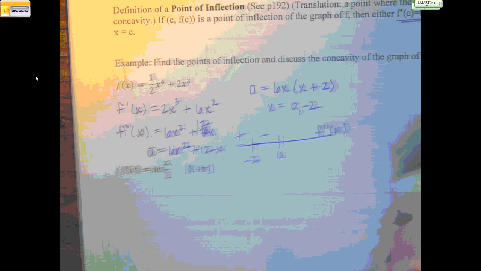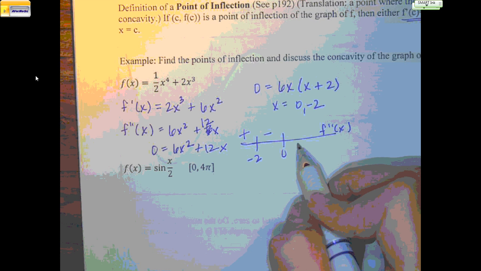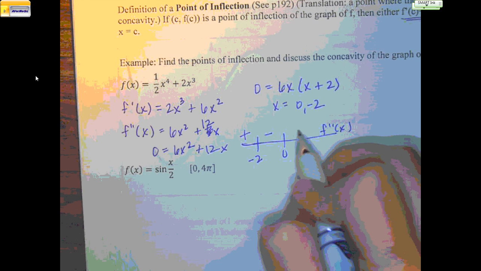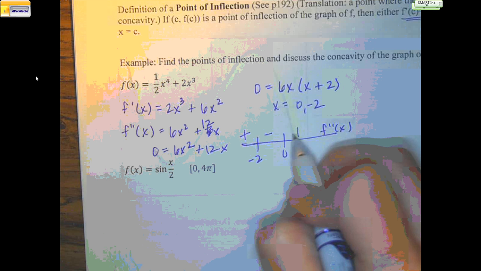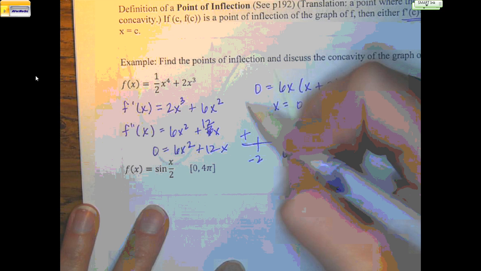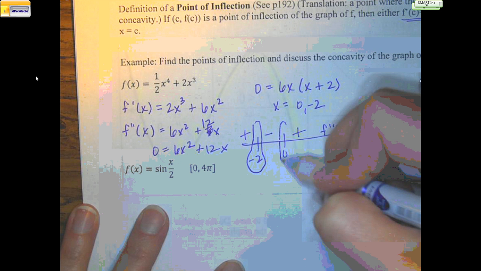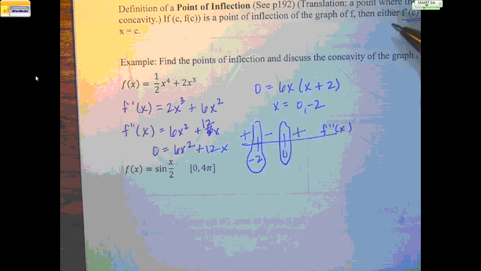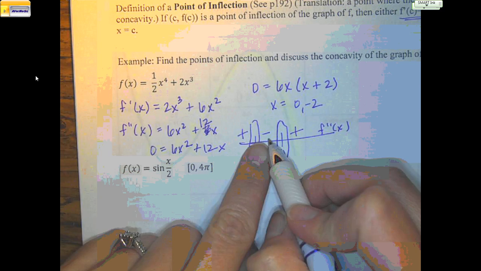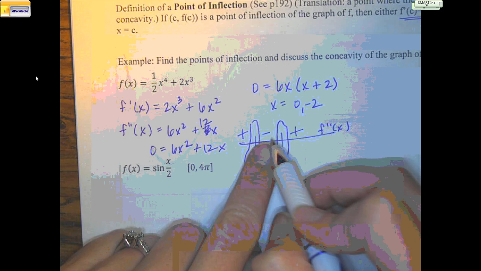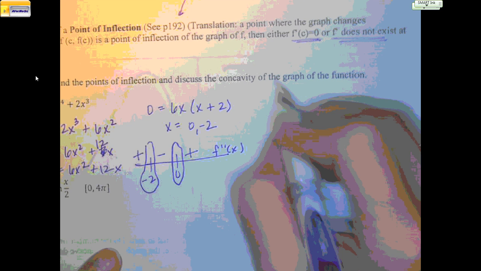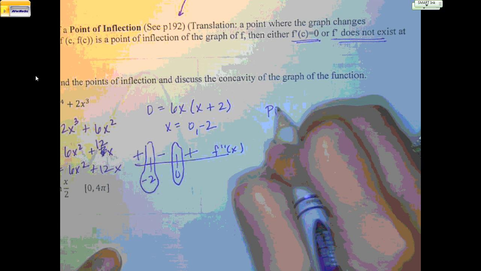If I put in, say, like a 2, am I going to have a positive or a negative? Positive. And now you can see your points of inflection. Neither one of these were places that were undefined. So those are our points of inflection because we changed from concave up to concave down and concave down to concave up. So I'm going to abbreviate and put POI for points of inflection.